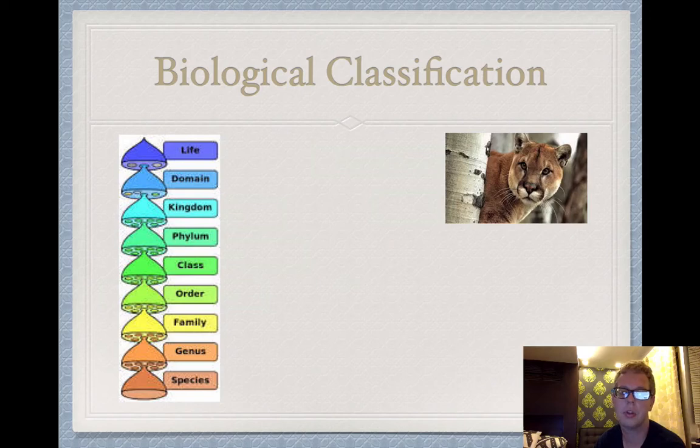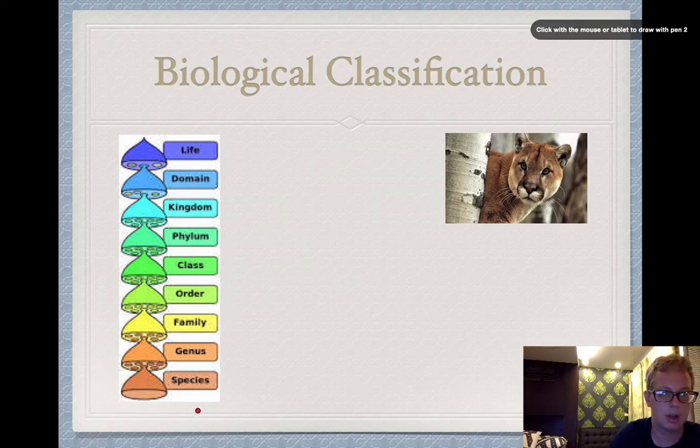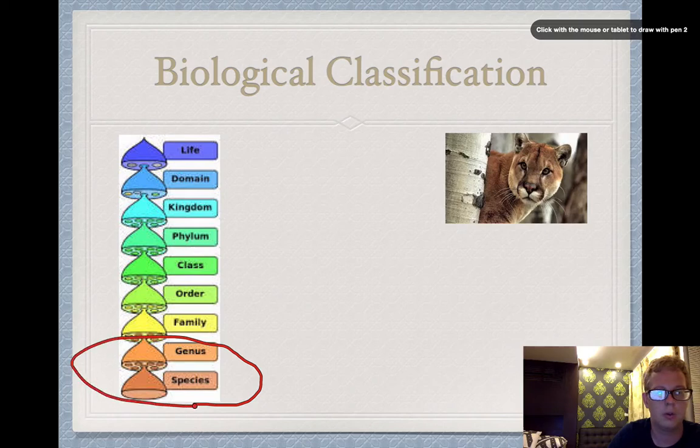Then phyla, then classes, then orders, then family, then genus and species. And as we go down this organization system, we eventually narrow it down to a specific animal or plant based on its genus and species names. Okay, so these are what we want to provide for our mountain lion here.